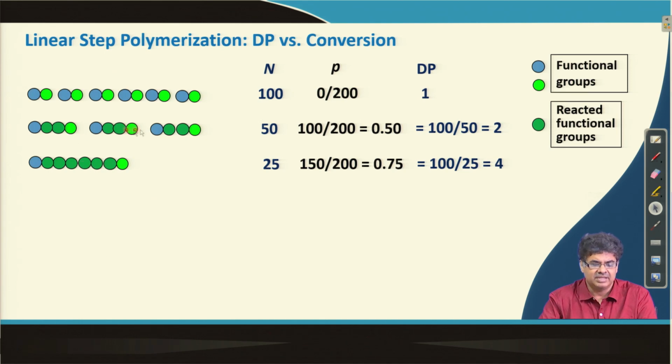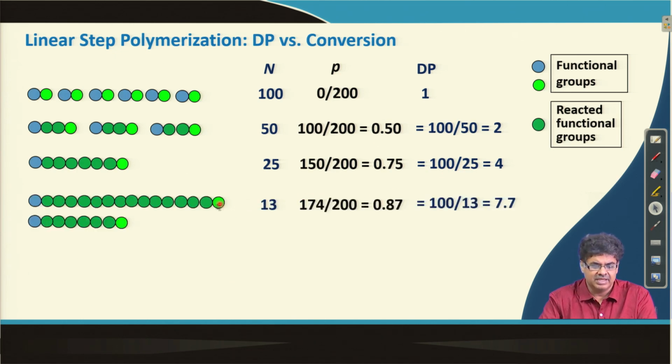Similarly, now if we consider that the dimers have reacted to form tetramers, we have 25 such molecules, and 150 functional groups have reacted. So, we get 0.75 as the conversion and 4 as the degree of polymerization.